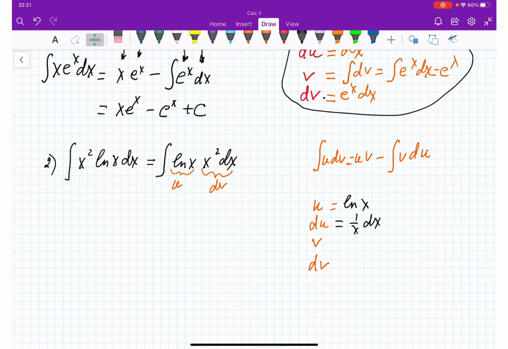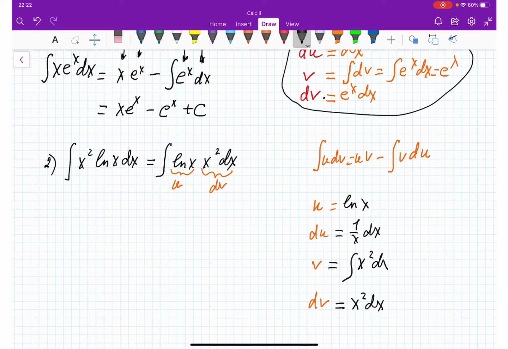Let me leave some more space between them. So 1 over x dx, and dv is given, right? dv is x squared dx, and v is going to be equal integral x squared dx, which is going to be x cubed over 3.